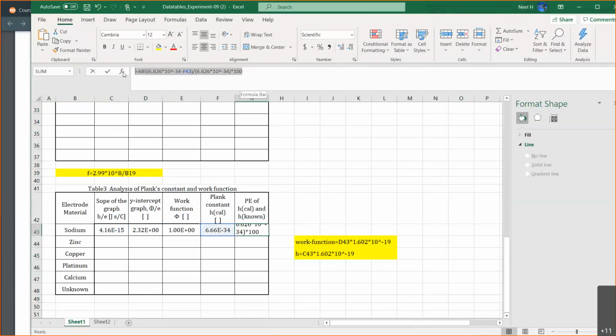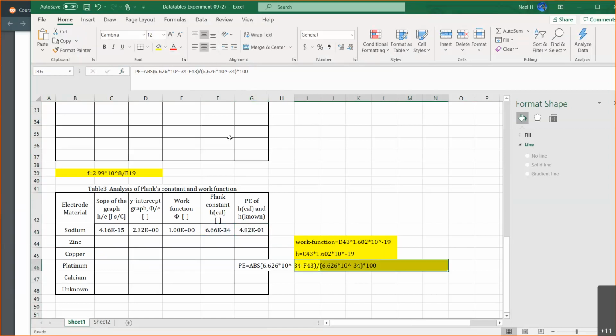Okay, so the work function I can't compare with anything. There may be standard values for each material, but I did not check that. So that's okay, because the main point of this whole analysis is to investigate the photoelectric equation and the concept, and then check whether we can get the Planck constant correctly.